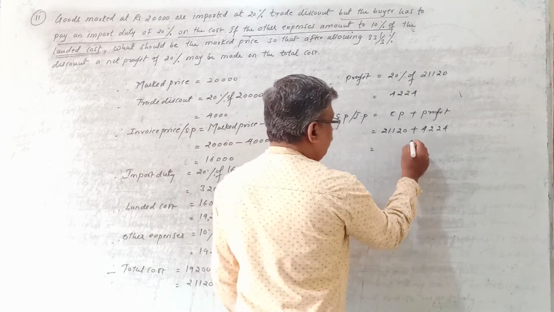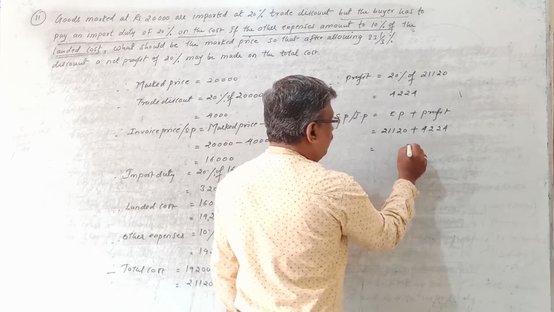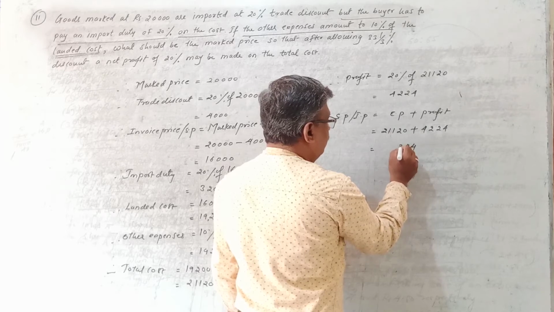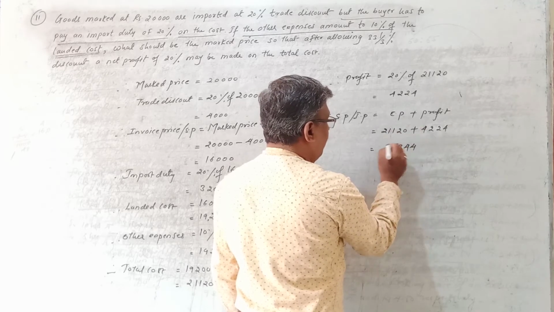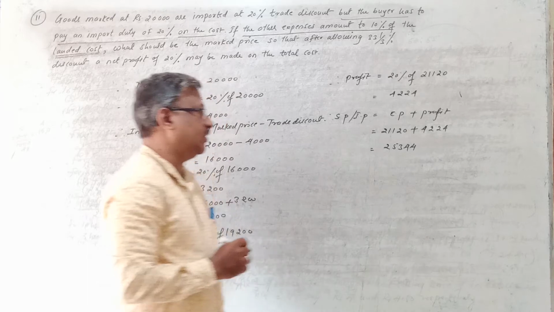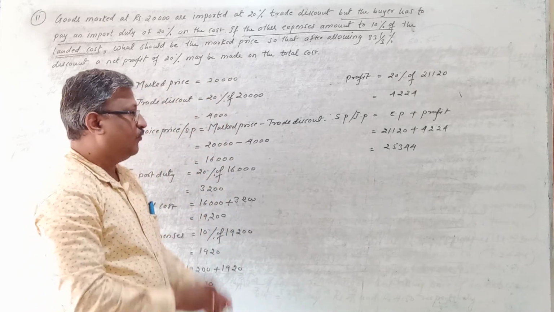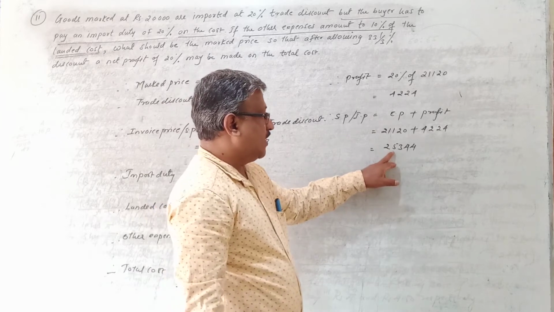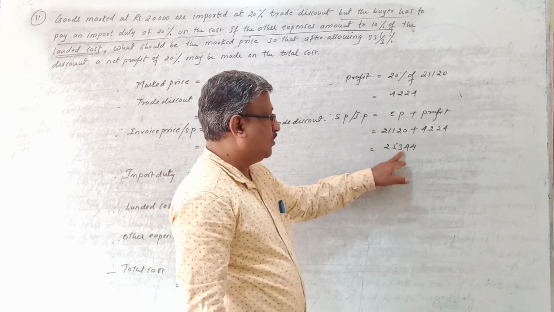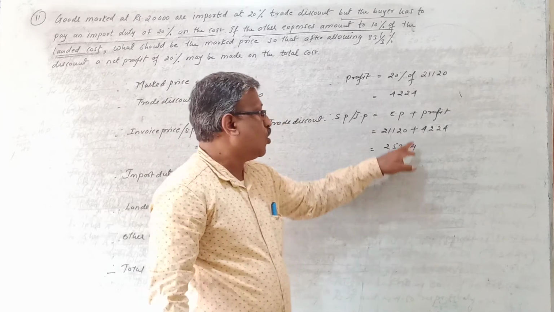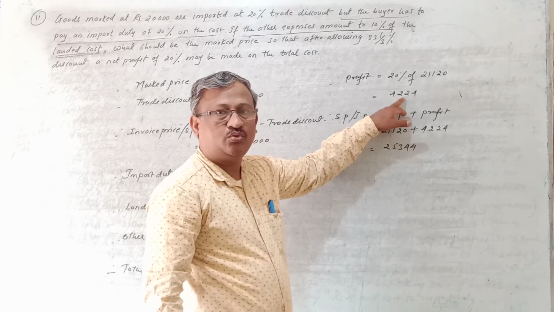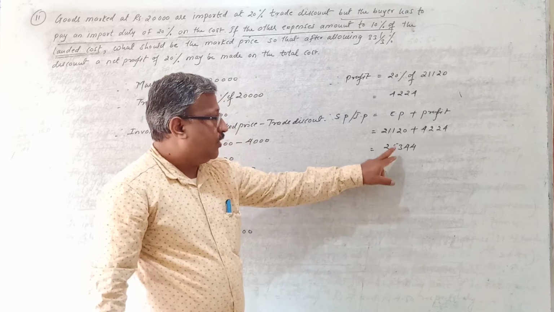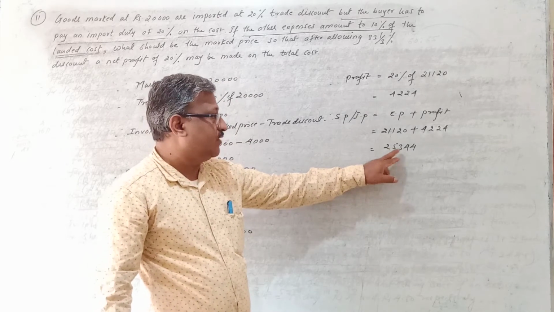So add this, and it comes to 25,344 rupees. So if we sell those goods at 25,344 rupees, how much profit does he get? He gets 4,224 rupees, which is 20% of his total cost. So he has to sell his goods at 25,344.